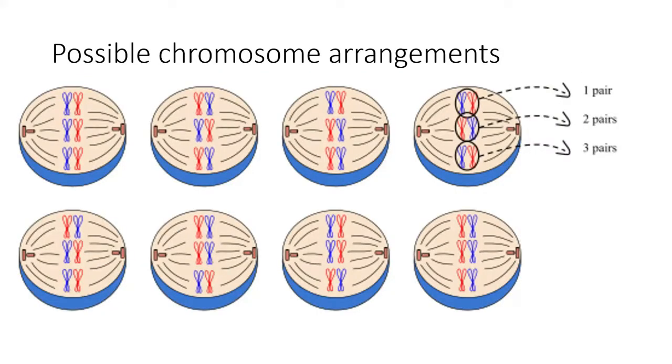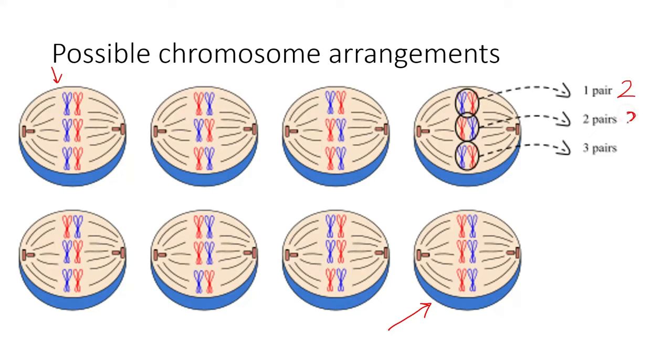And so when they line up, let's say we had 3 pairs of chromosomes, they could line up in 8 different ways. So here we have all the blue on the left and the red on the right. Here we have exactly the opposite. And in between we have all the different possible combinations. Now, I think it's interesting to go into just a little bit of math here to say, how many combinations could we get? So for this pair of chromosomes, there are 2 ways we could line those up.